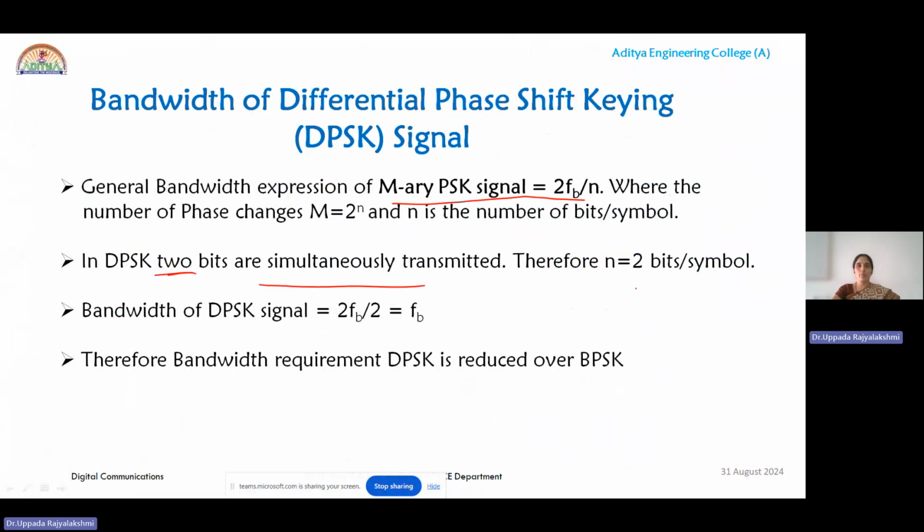That's why N will be 2 here. If N is 2, the bandwidth of DPSK is fb. You can see that there is a reduction of bandwidth of DPSK when compared to BPSK. In BPSK, we observed that the bandwidth is 2fb, but here the bandwidth is only fb. It is reduced to half.